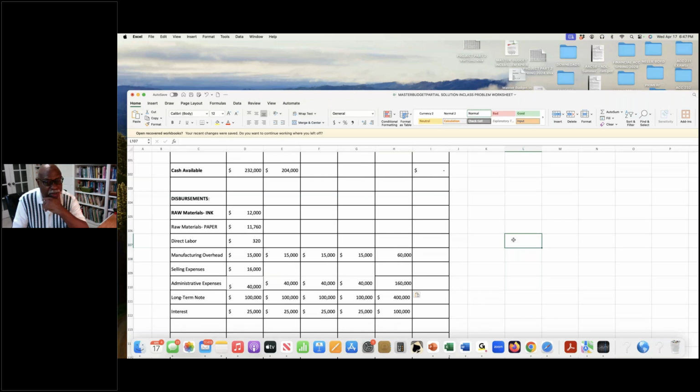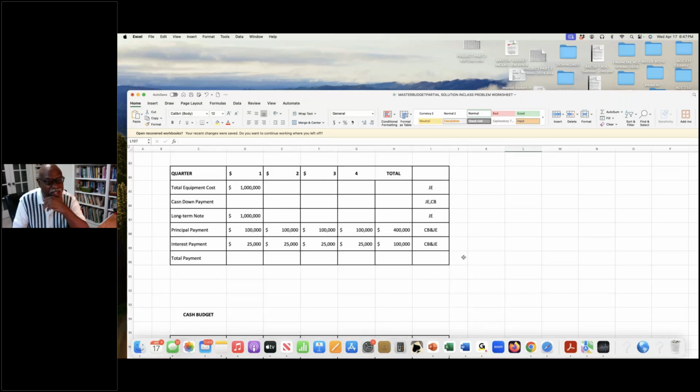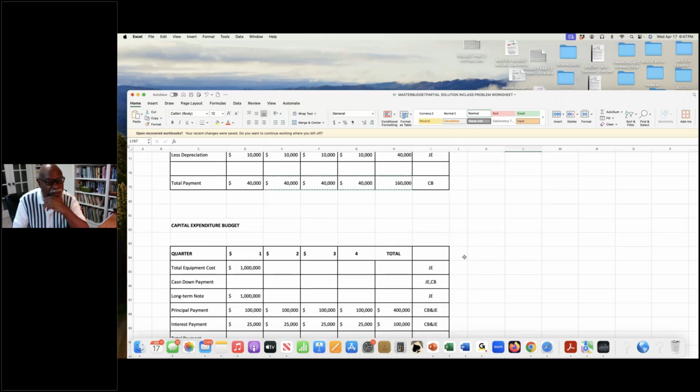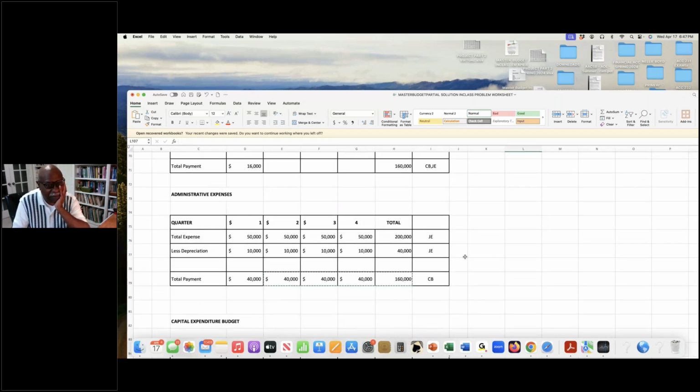Now we need the journal entry for administrative expense. It's telling us what we need to do. So we're going to go to the journal entries now.